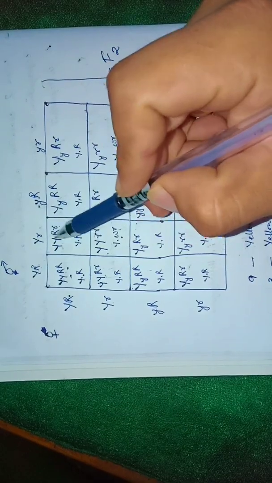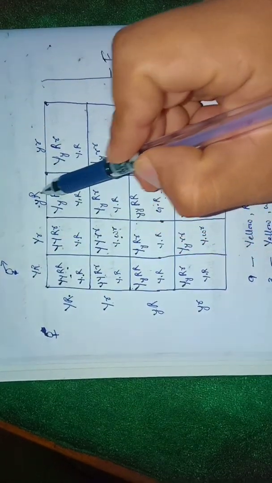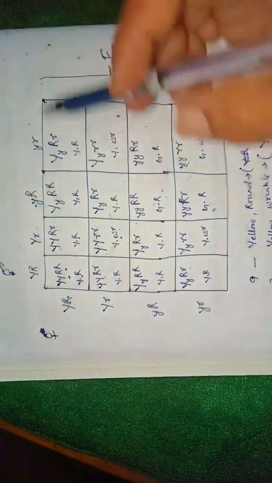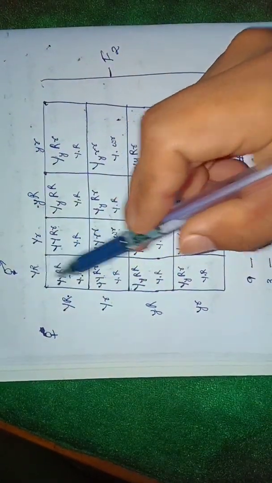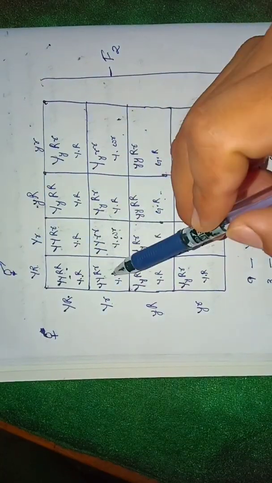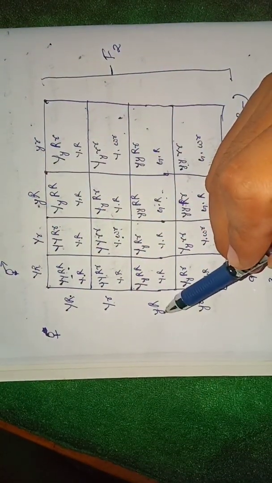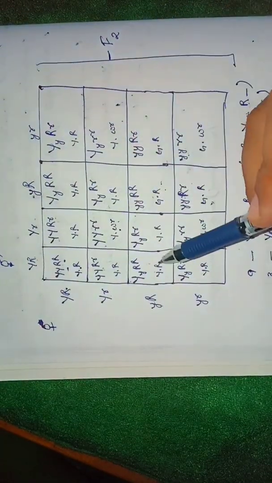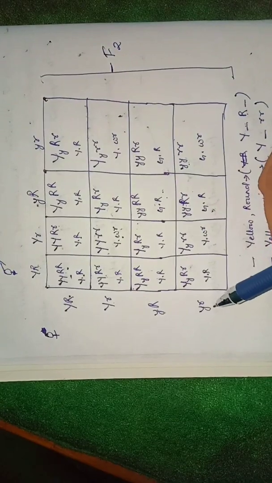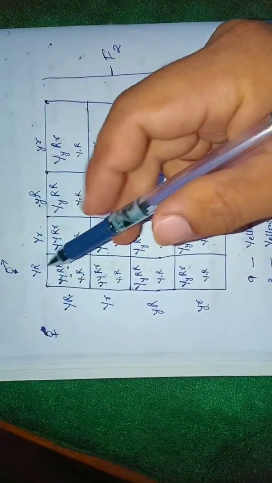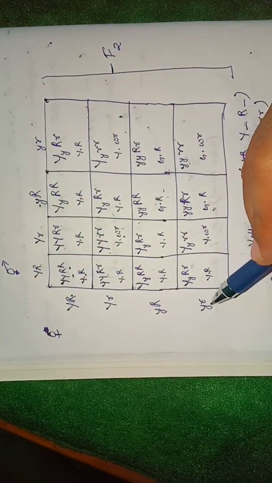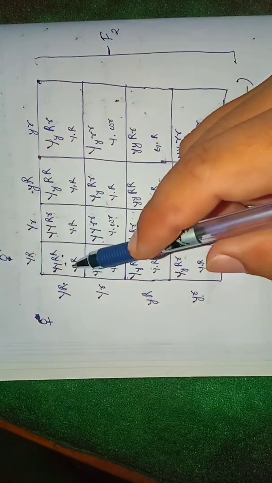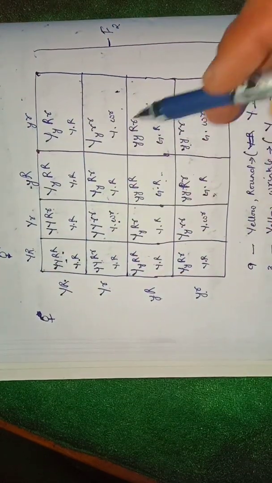This will fuse with these two, and this one will fuse with this, and so on. This is carried out the same way for all the others, each fusing and forming its place in the square.